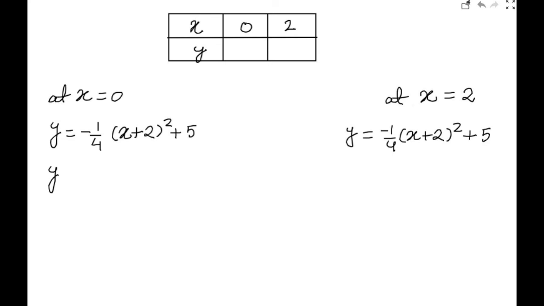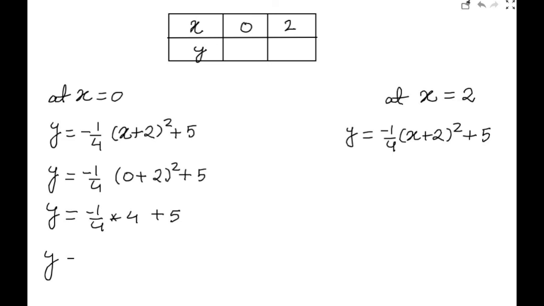Okay, let us substitute the value of x as 0. As we put x as 0, that's going to be 0 plus 2, and we simplify this. It's 4 plus 5. That's going to be positive 4. Similarly, we can put the value of x as 2.